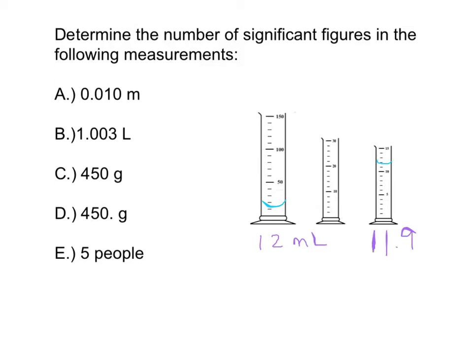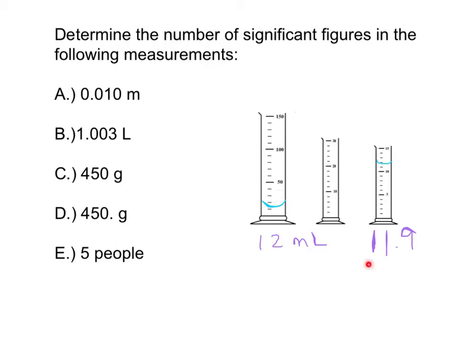So what this illustrates is that for this first graduated cylinder, we have one certain digit and one uncertain digit. The second digit has uncertainty associated with it, but both of these digits are significant. For this smaller graduated cylinder, our first two digits are certain, and our third digit is uncertain.